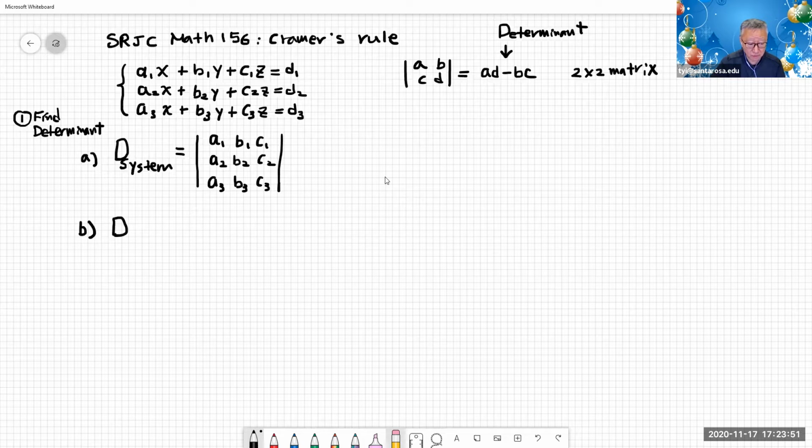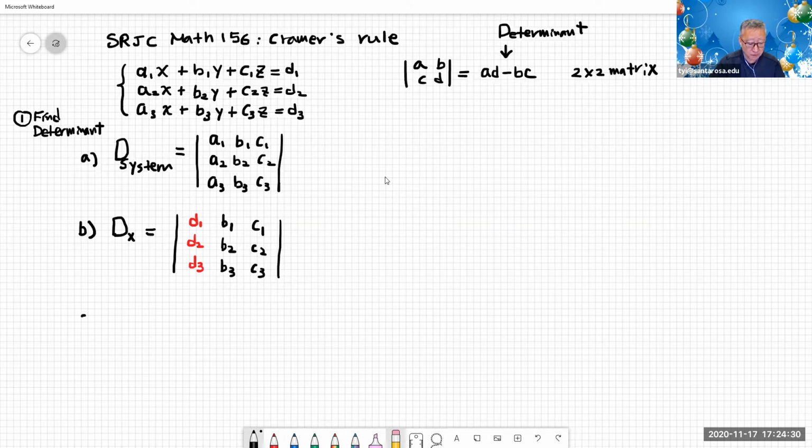So for the determinant for X, all you have to do is replace the X column with the constant column. So you've got D1, D2, D3, and then the other two columns are going to be the same: B1, B2, B3, and C1, C2, and C3.